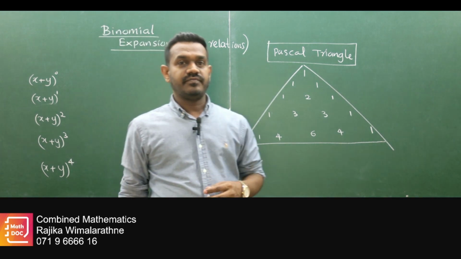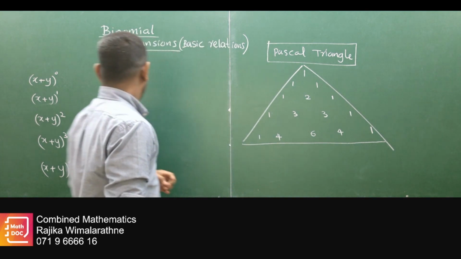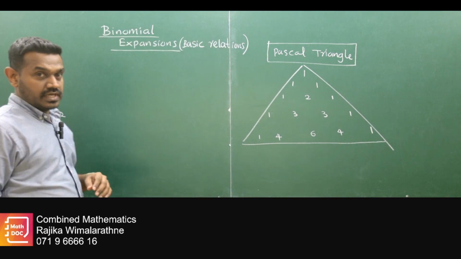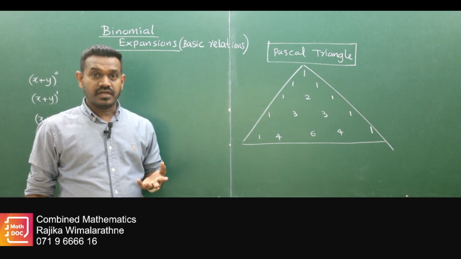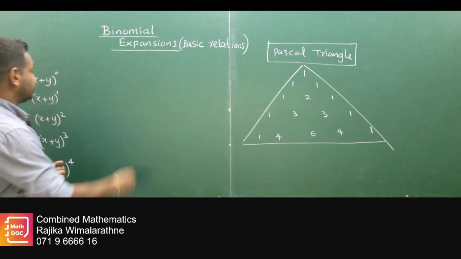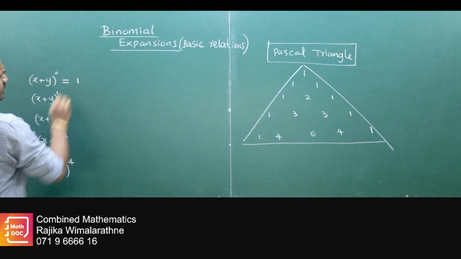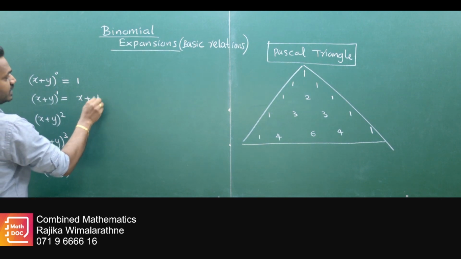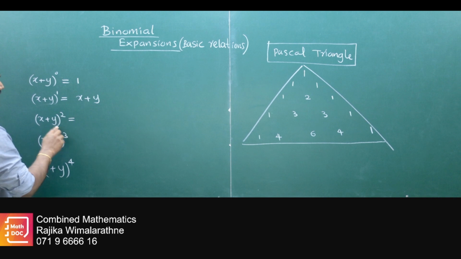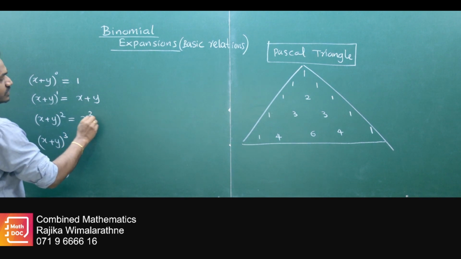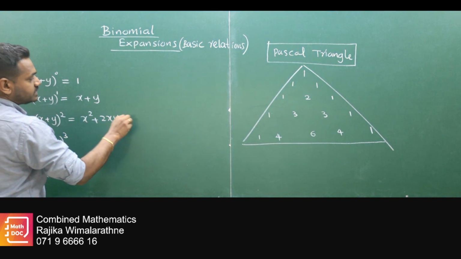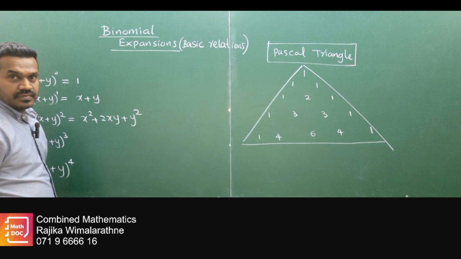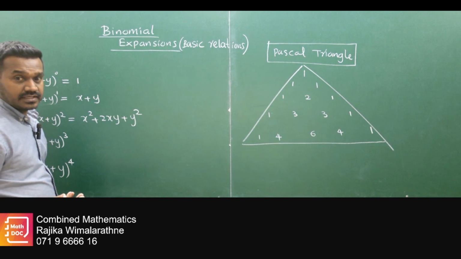Now consider x plus y to the power 0. According to your knowledge, I know you know this one: 1. X plus y to the power 1 is x plus y. Then x plus y to the power 2 is x squared plus 2xy plus y squared. So that is the general way you can expand it.